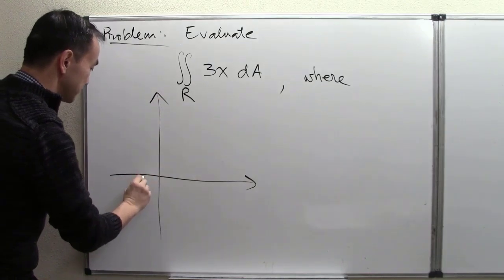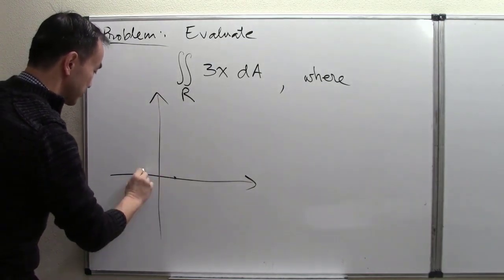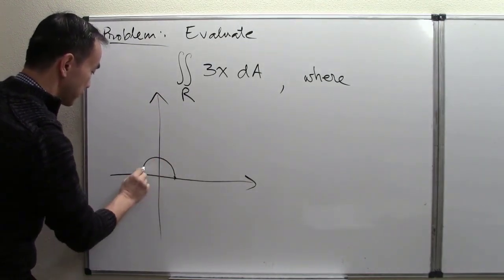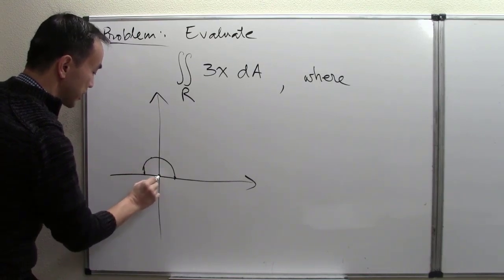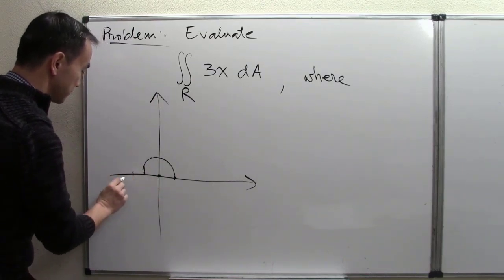We have two concentric circles of two different radii, and they're both centered at 0, 0.